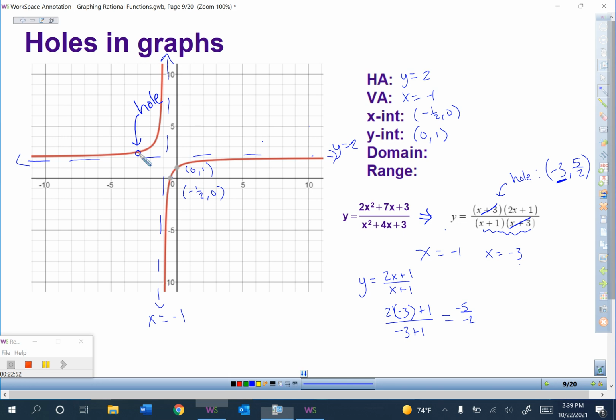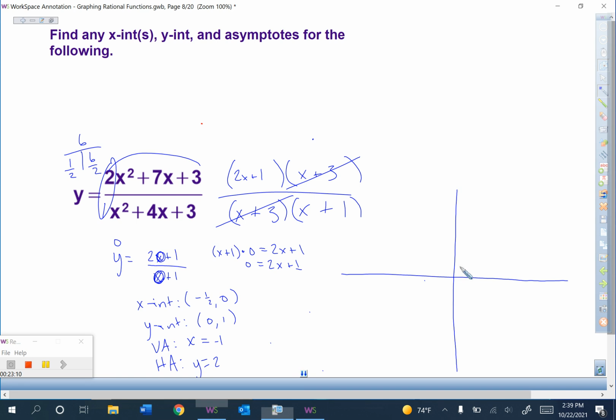So when you sketch this, going back to my sketch from before, you have all those things on there. What you're going to do is at (-3, 2.5), put an open circle and label it. And I'll go ahead and put that asymptote back on so we can see it.